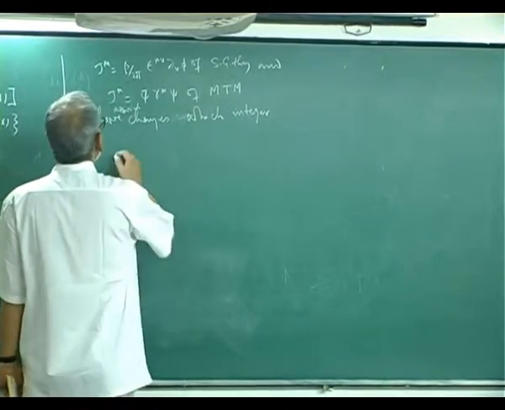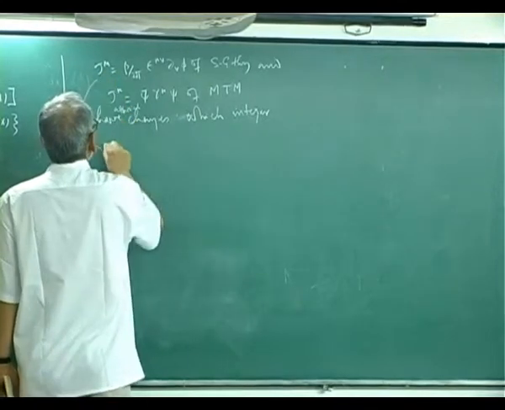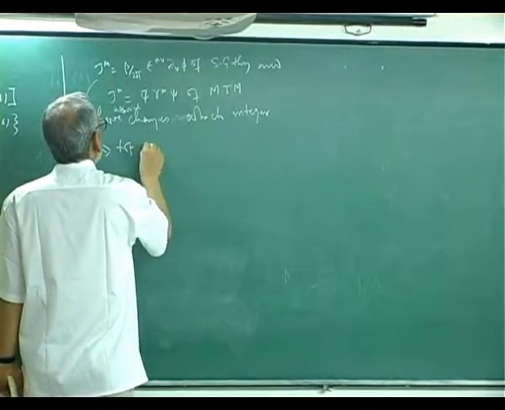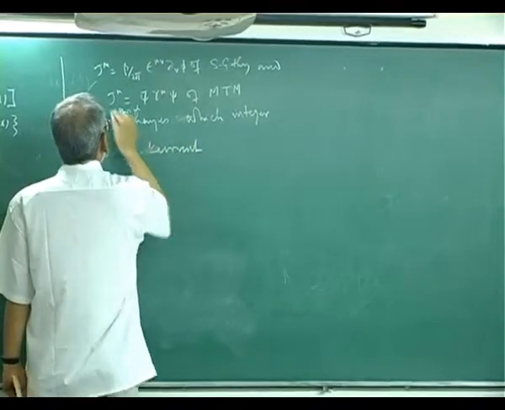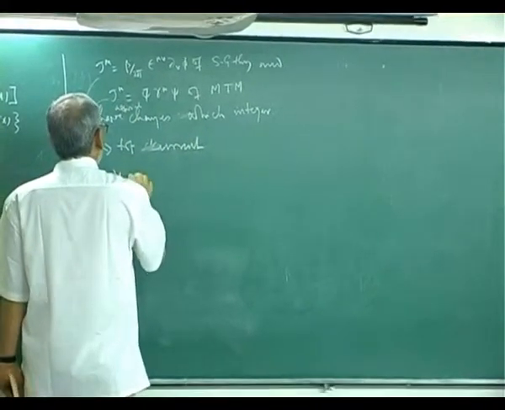One, and second is that this object is a topological current, and this object is a Noether current.